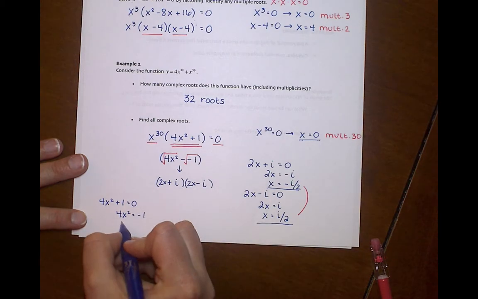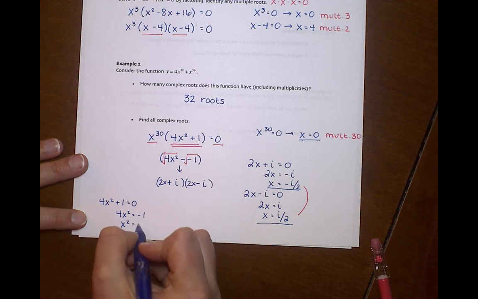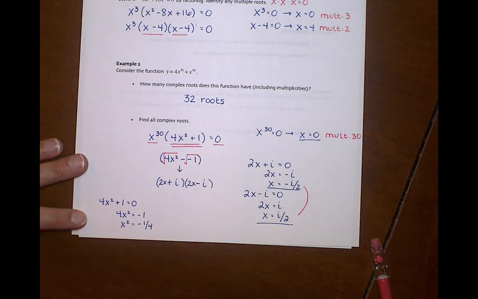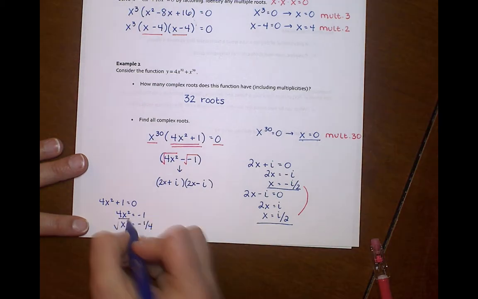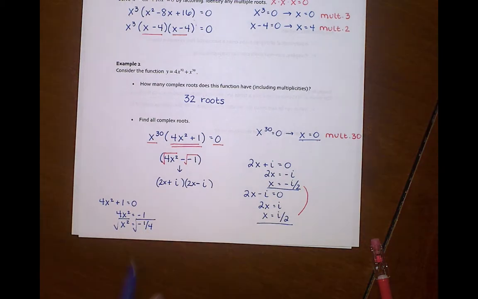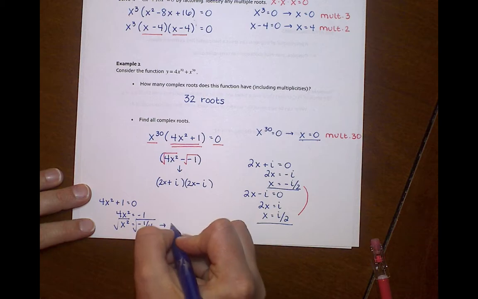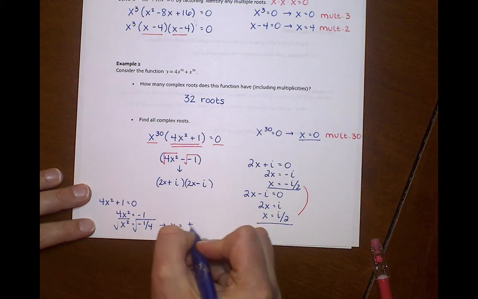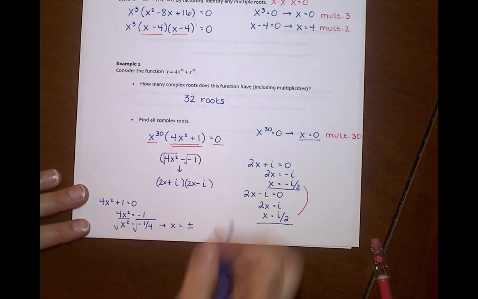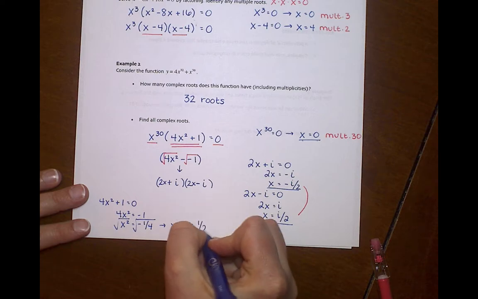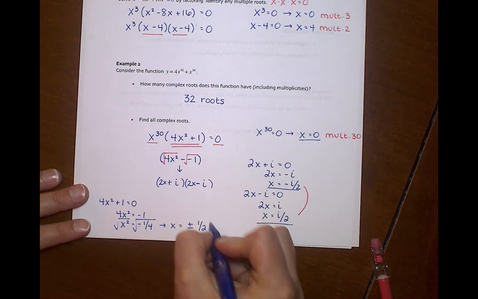Then I could have divided by 4, and I would have had x^2 = -1/4. And then I could have solved by taking a square root. When I take that square root, remember, first of all, I'm going to need a plus or a minus. The square root of 1/4 is 1/2. And then because it's negative, it's going to have an i.